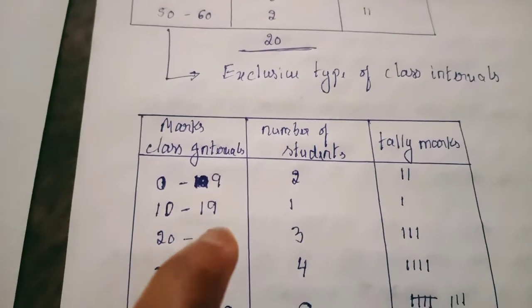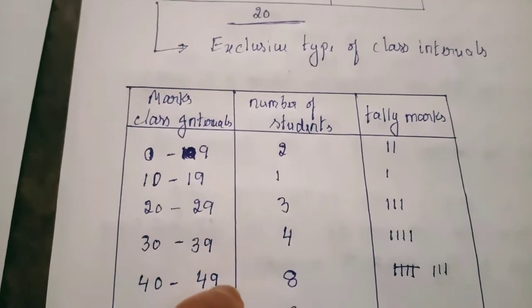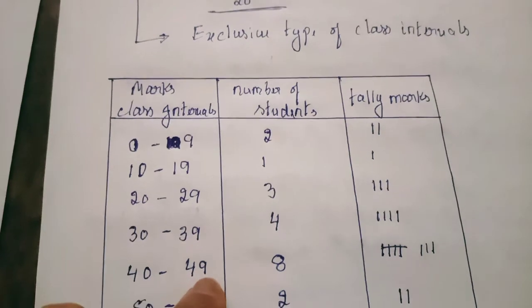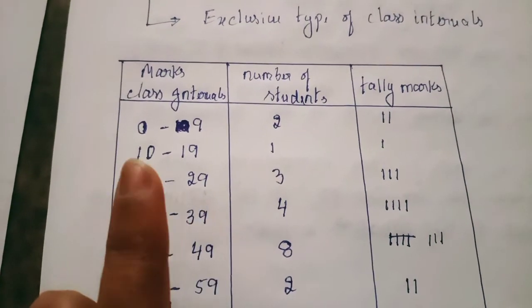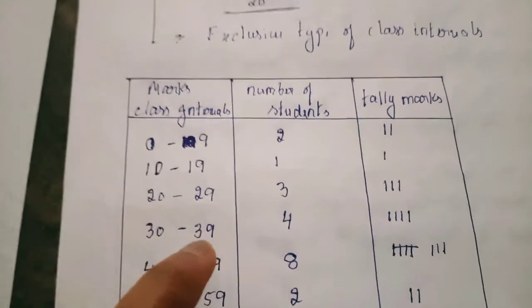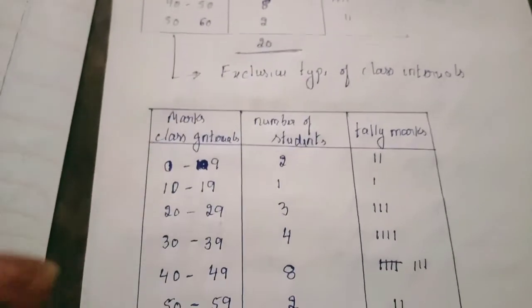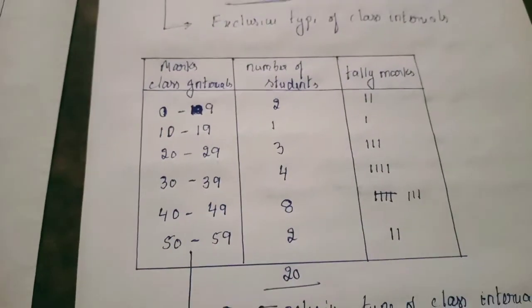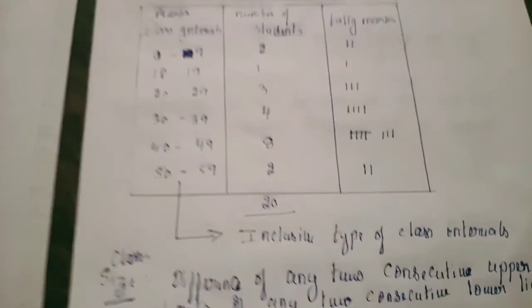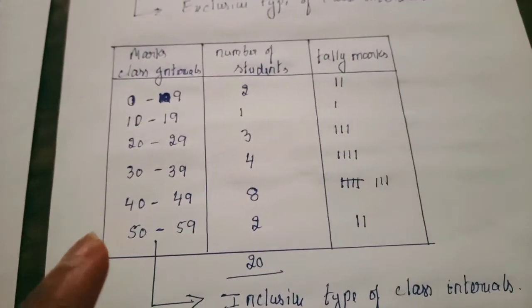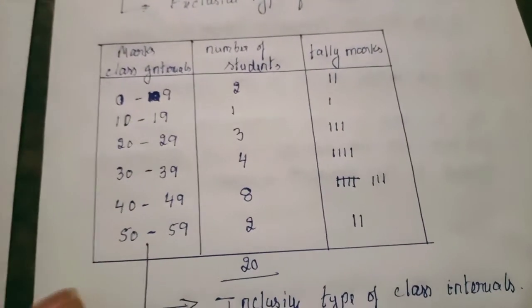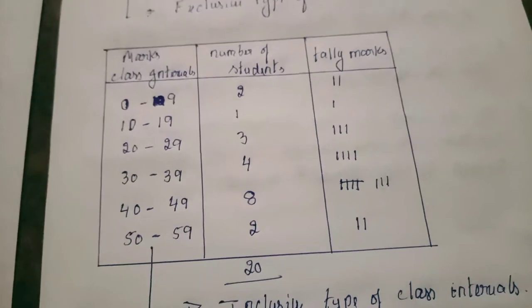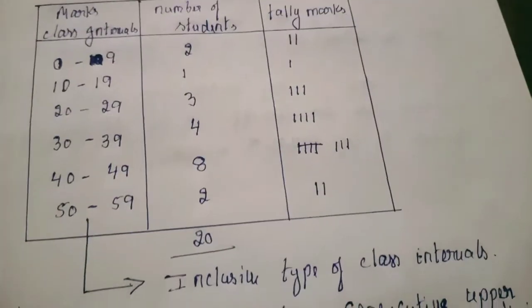That's why for this type of table we cannot use upper limit minus lower limit. Instead, for both tables, the only common definition of class size is the difference of any two consecutive lower limits or consecutive upper limits.